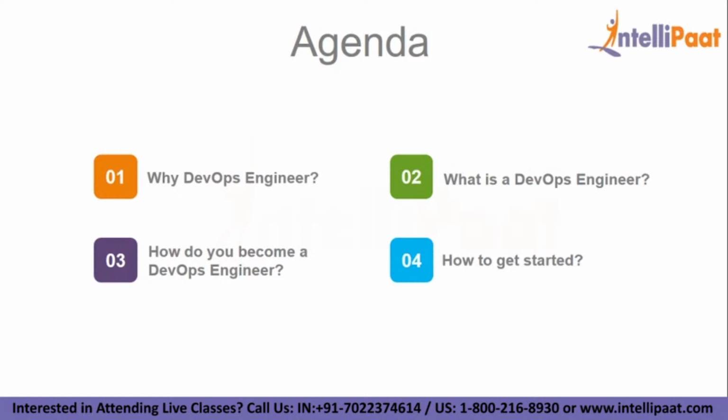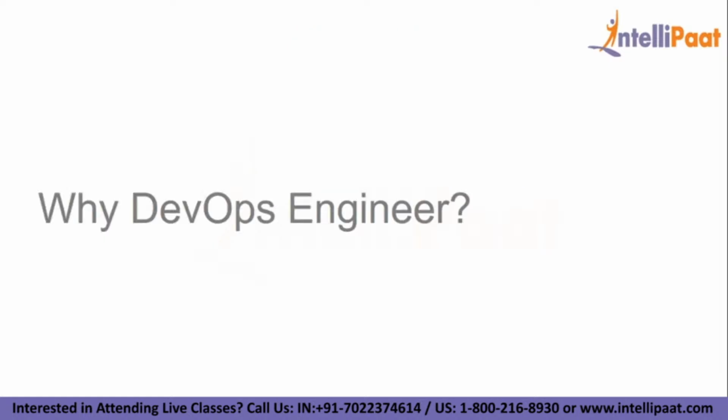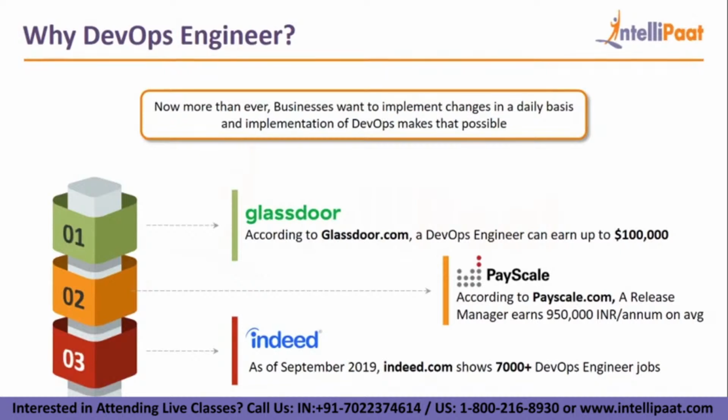Let's start off with the first topic, which is why should you become a DevOps engineer? Now let's look at some facts, guys. According to Glassdoor, the average salary of a DevOps engineer is $100,000 in the US. Now this doesn't mean that you don't get a salary above 100,000, but the average is $100,000 in the US.